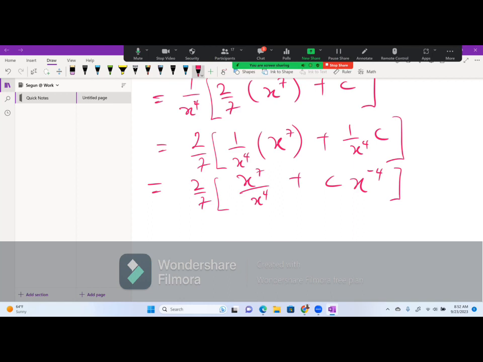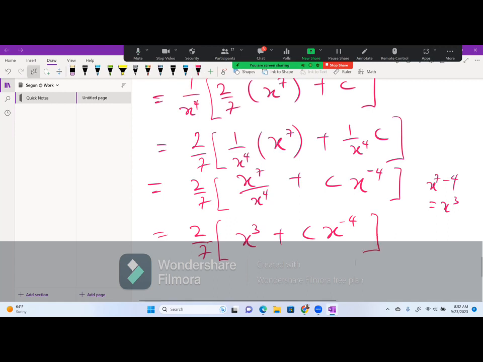Then you know that if I say x raised to the power 7 minus 4, I have what? x raised to the power 3. Do you agree? 2 over 7 into x raised to the power 3 plus c x raised to the power minus 4.